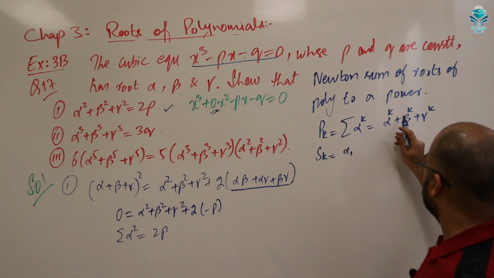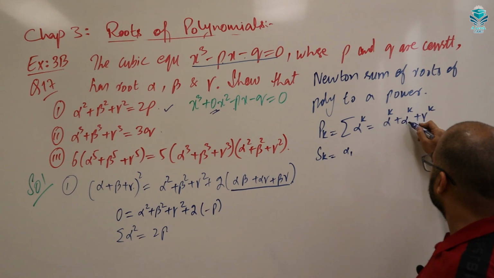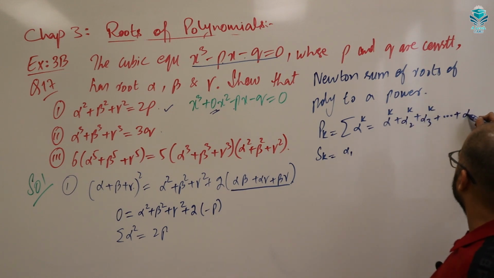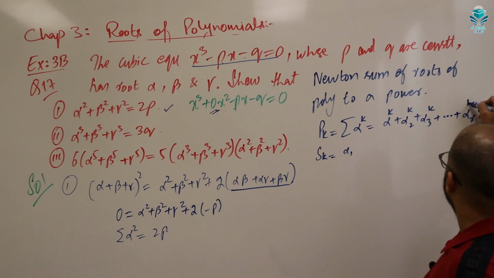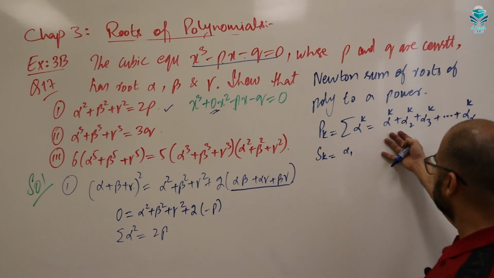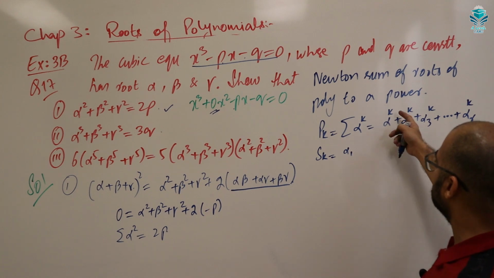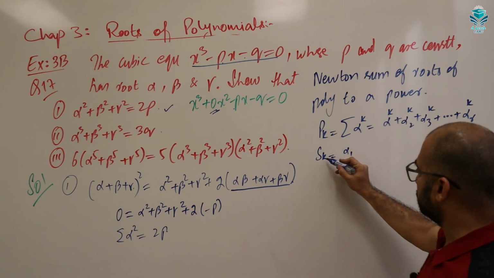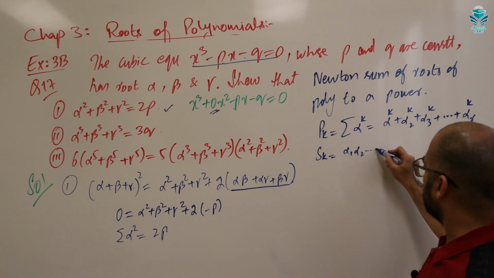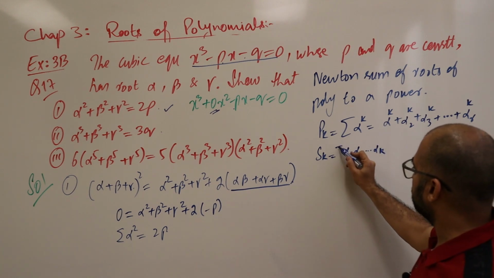Let's say there are r roots, and we are adding them raised to the power k. So sk stands for alpha 1, alpha 2, and so on up to alpha k.